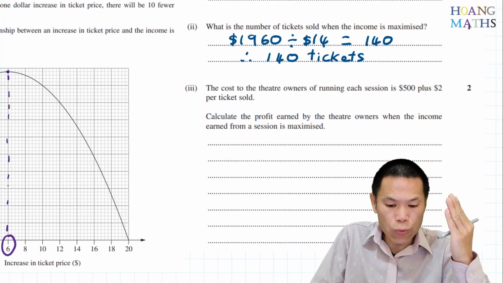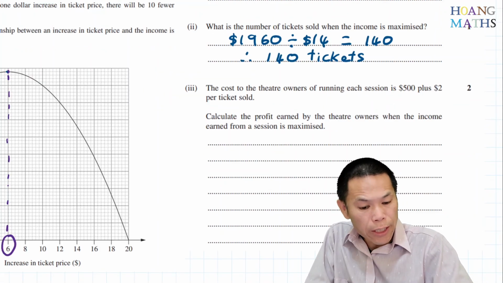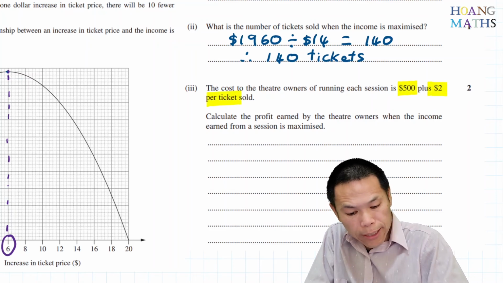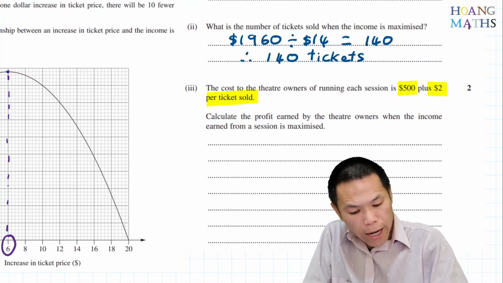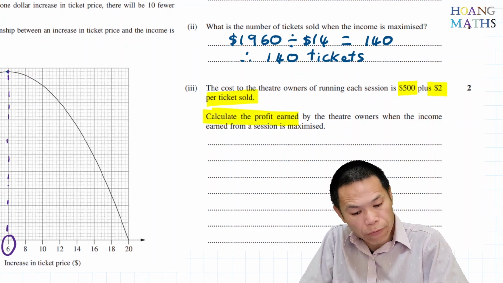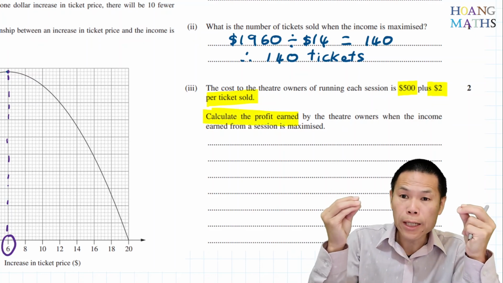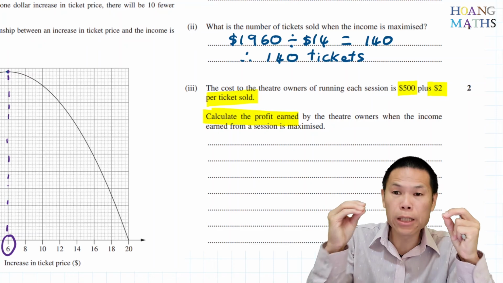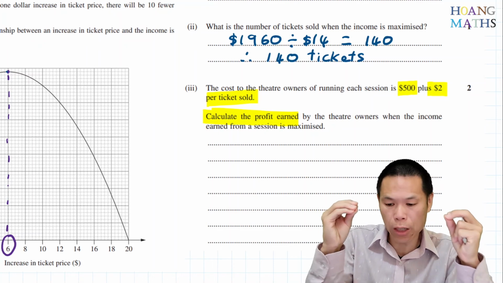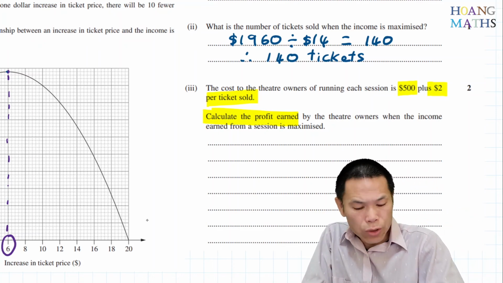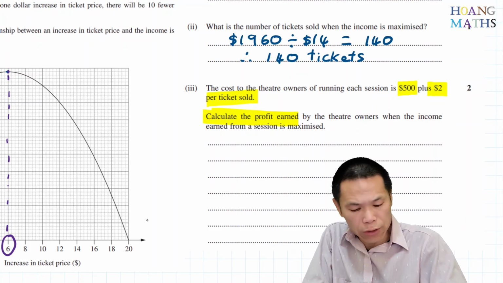So last one. We know that the running cost for each session is $500 and we add $2 per ticket sold. We need to work out the profit earned. The profit is the revenue minus the cost, okay? The income minus the cost. First of all, we need to work out the cost for running each session.